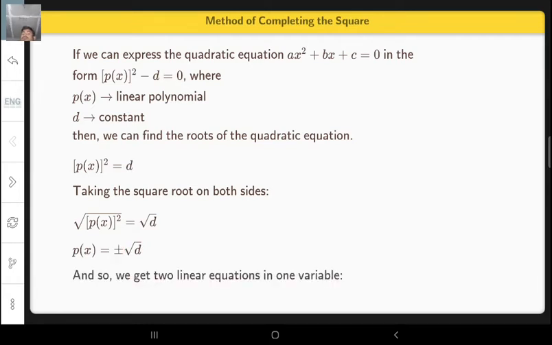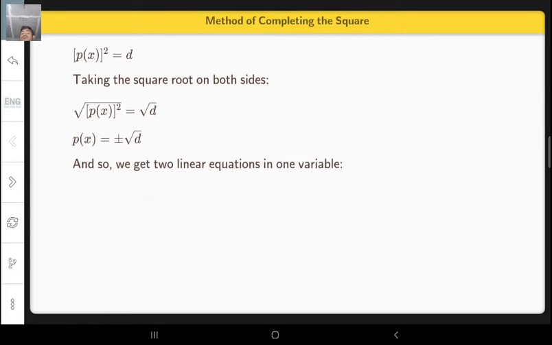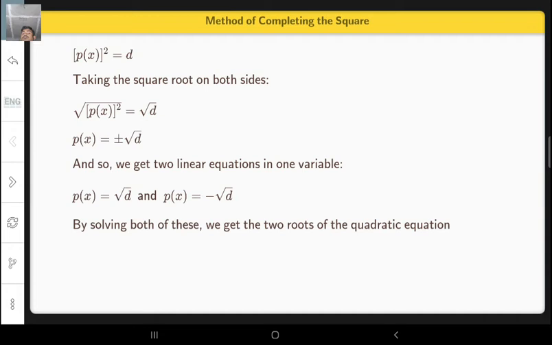And so, we get two linear equations in one variable. px is equal to square root d and px is equal to negative square root d. By solving both of these, we get the two roots of the quadratic equation ax squared plus bx plus c is equal to 0.